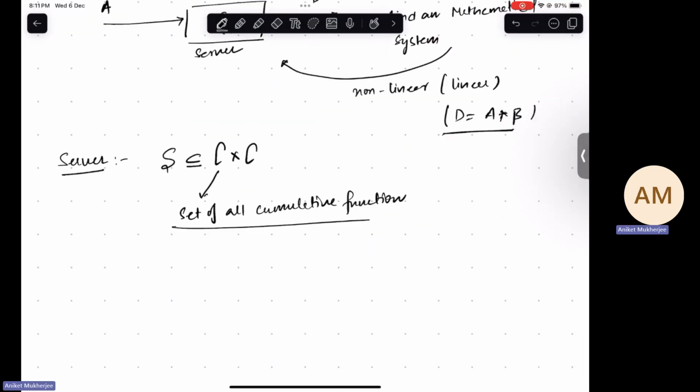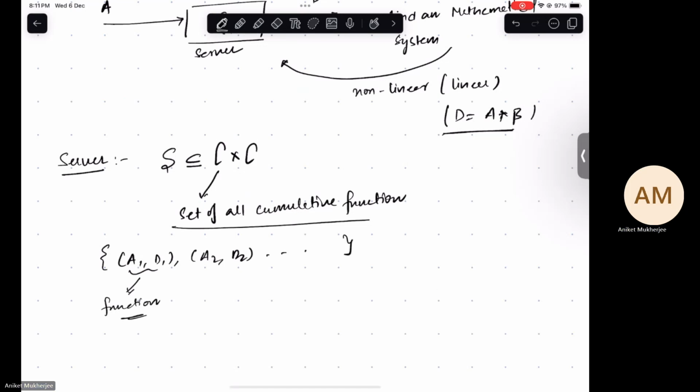So basically, a server is a set of all (A1, D1), (A2, D2), and so on. Here, both are functions, a tuple of functions.